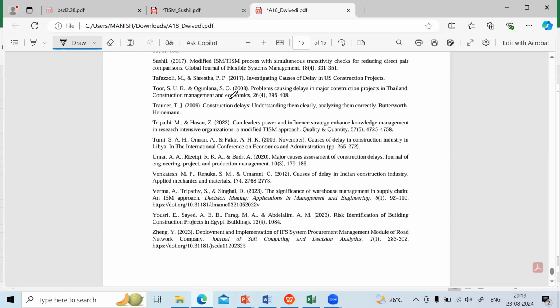Right, sir? Can I take barriers as weaknesses, which are portrayed in that literature? I haven't seen this type of study done in my domain.